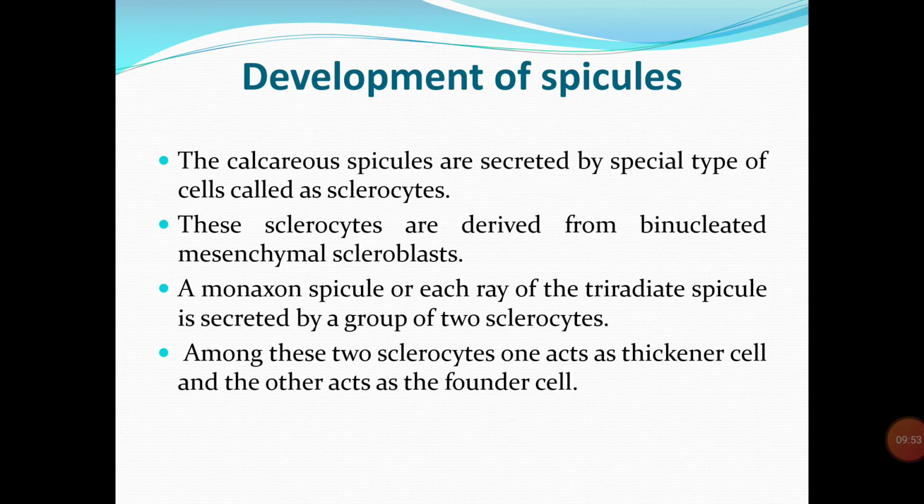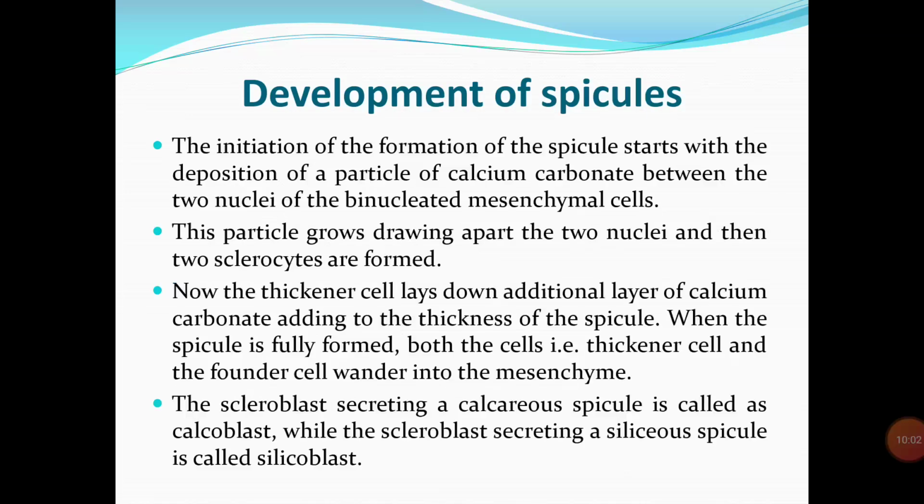Among these two sclerocytes, one acts as the thickener cell and the other acts as the founder cell. The formation of the spicule starts with the deposition of a particle of calcium carbonate between the two nuclei of the binucleated mesenchymal cell.